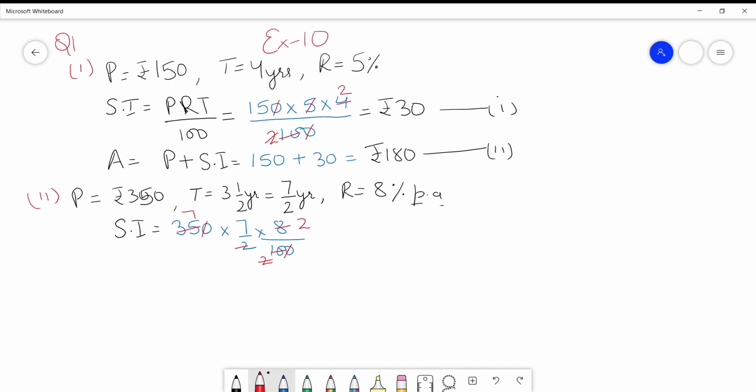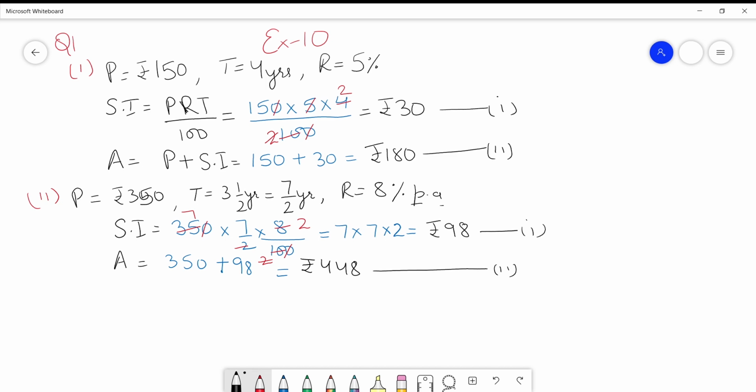So the amount we get is 7 multiplied by 7 multiplied by 2, which is 98. So this is my simple interest. And the amount is 350, this is the principal, plus interest 98, and this will be 448.